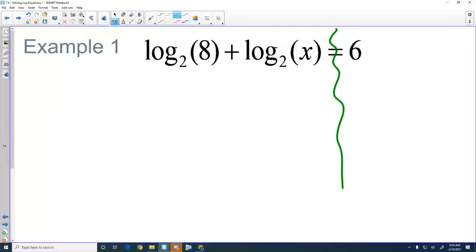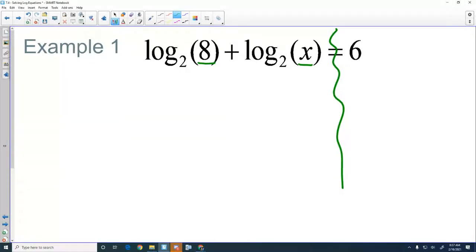So we want to then combine those. Instead of having 2 logs, I want to write that as 1 log. Do we know how to combine 2 logs that are being added? We just went over earlier today, right? So how do I combine the 8 with the x if the logs are being added? That's multiplication.